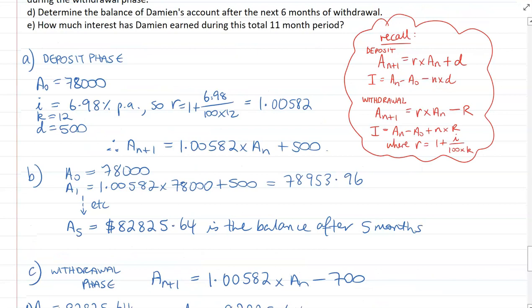For part E, how much interest does Damien earn during this total 11-month period? So remember I said that means we have to work out how much interest he earned in the deposit phase, as well as working out how much interest he earned in that withdrawal phase.